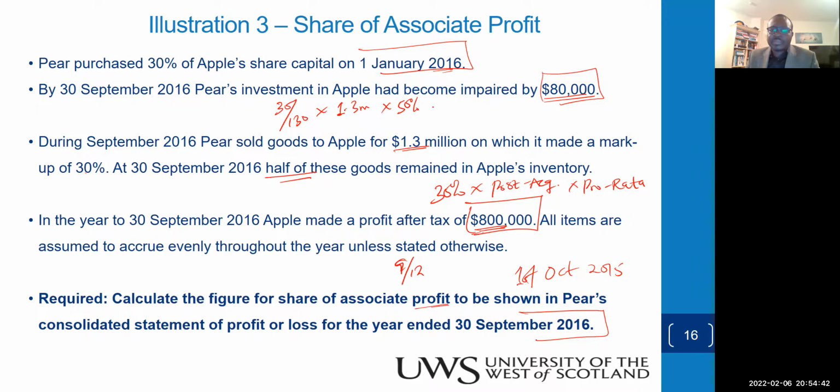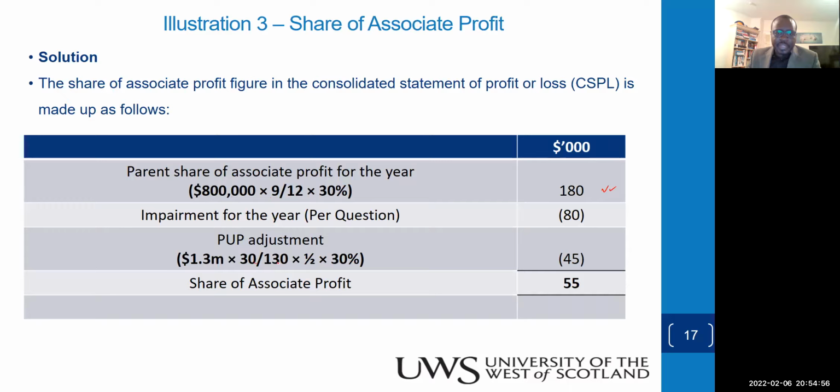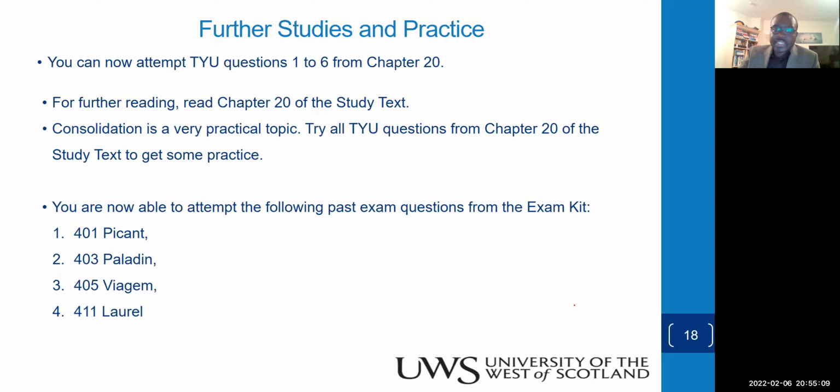Now the question is, do you leave it here? No. You look out for the parents' portion only. Parents' portion, which is what? 30%. So that we have our POP here, 1.3 over this, half of it, 30% gives you this. Then we get our share of associate profit, which we need to bring right after our profit from operations. We show this line item. Okay, that is it. Quite easy.